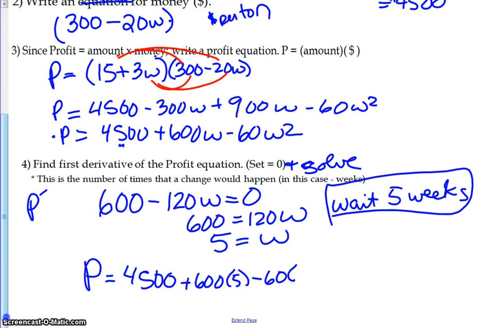Oops, sorry, this was a plus, by the way. And in the end, that profit turns out to be $6,000. That's a little bit better than the 4,500. So he increased his profit by waiting the 5 weeks by $1,500. Pretty nice.